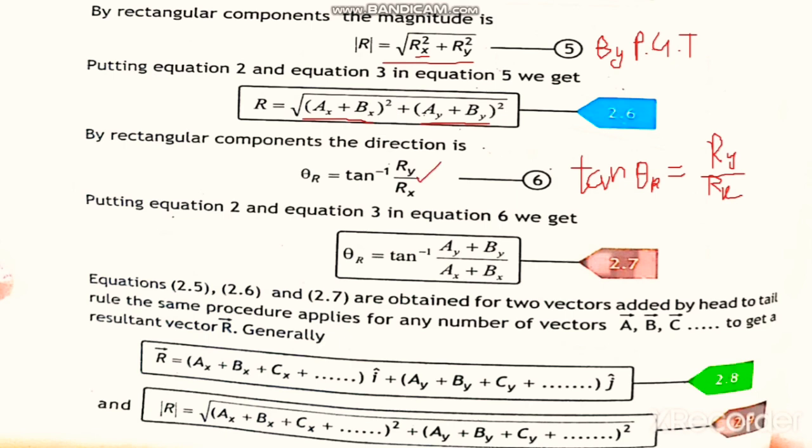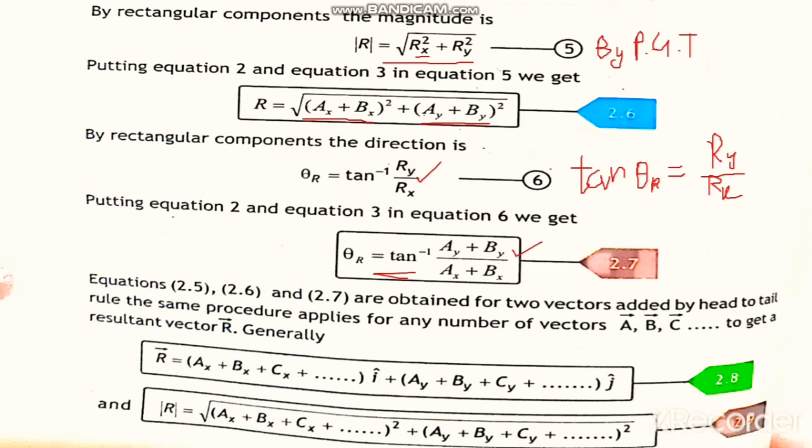This relation is for the direction or orientation of our vector. By using the values of Ry and Rx as Ay plus By and Ax plus Bx, we get theta R equal to tan inverse of (Ay plus By) divided by (Ax plus Bx). This is equation number 2.7.